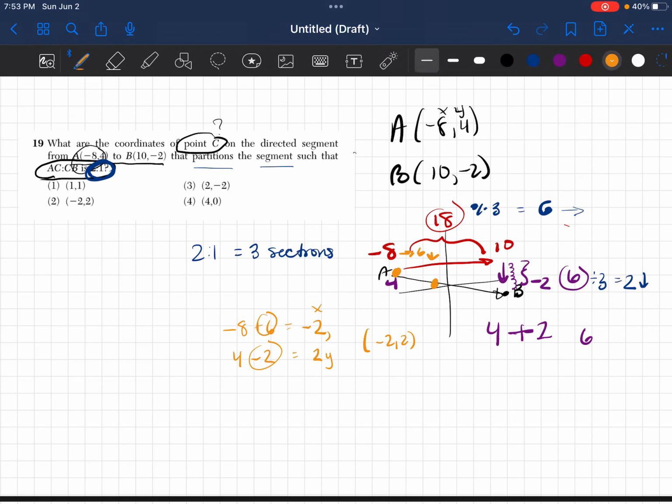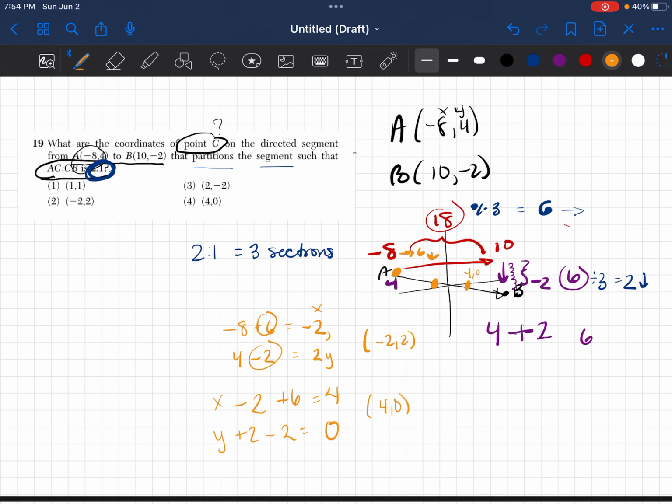So if I'm going to find the second piece, I'm starting now with negative 2 and positive 2 for x and y. So negative 2 plus 6 is positive 4, and positive 2 minus 2 is 0. So my next partition, my next segment is going to be at 4, 0.